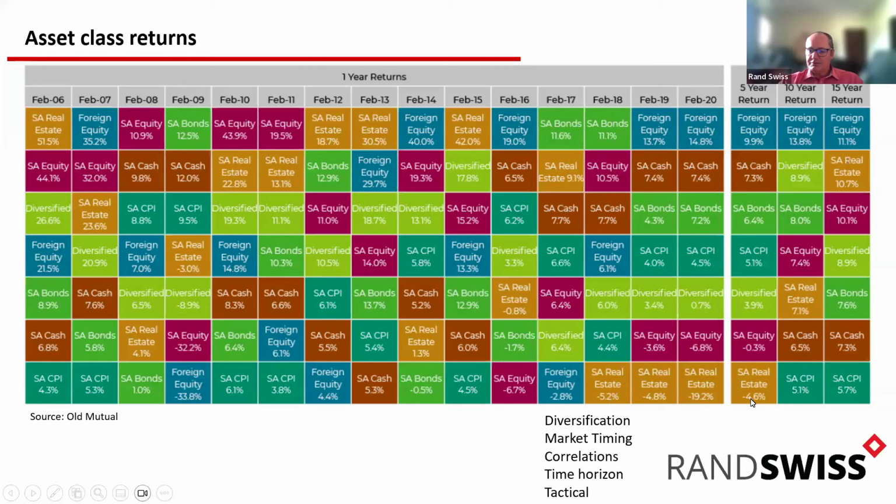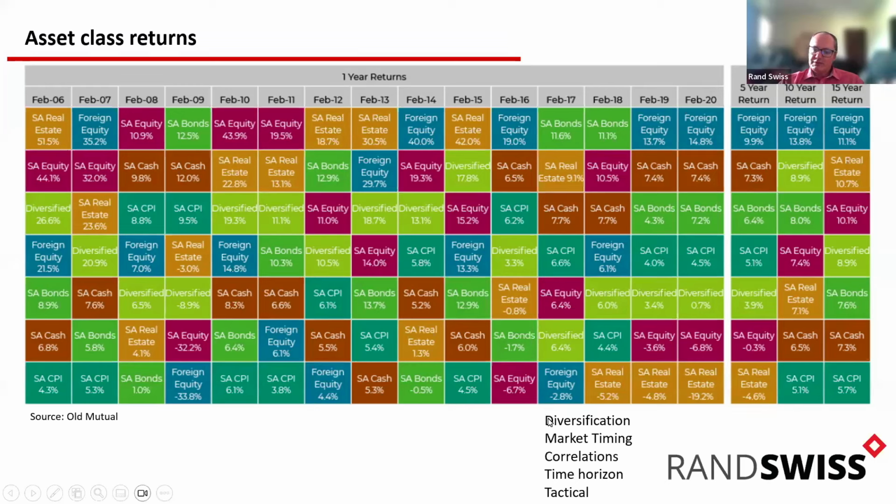So the last 5 years, it's been on average minus 4.6%. So if I'm losing 5% every year in SA real estate for the last 5 years, I'm not going to be too happy. So just to emphasize this point, asset allocation and diversification is very important. We'll drill deeper into that, but I just wanted to add some points here.